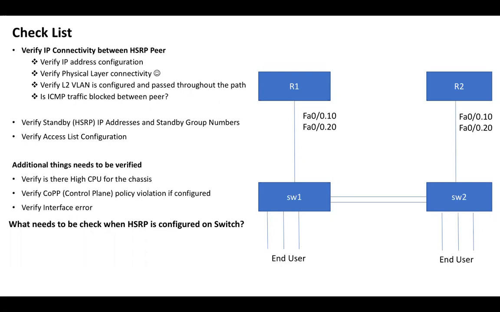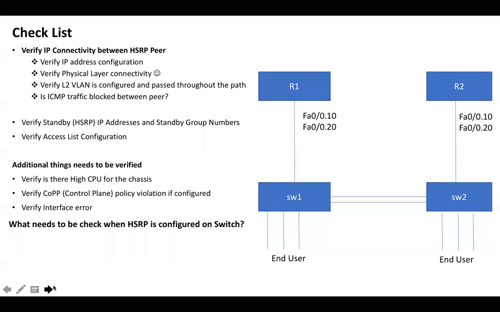In case the SVI is not up, make sure you have the L2 VLAN created, as well as one physical port assigned to that particular interface, and STP is working fine for that particular VLAN. If you have verified these things, your HSRP has to work as expected. We will have a look at this in the lab in a while.